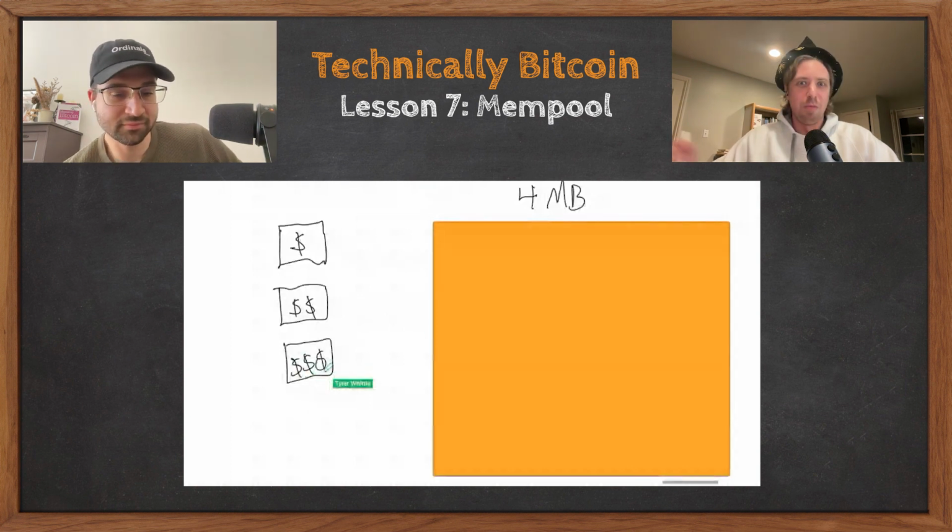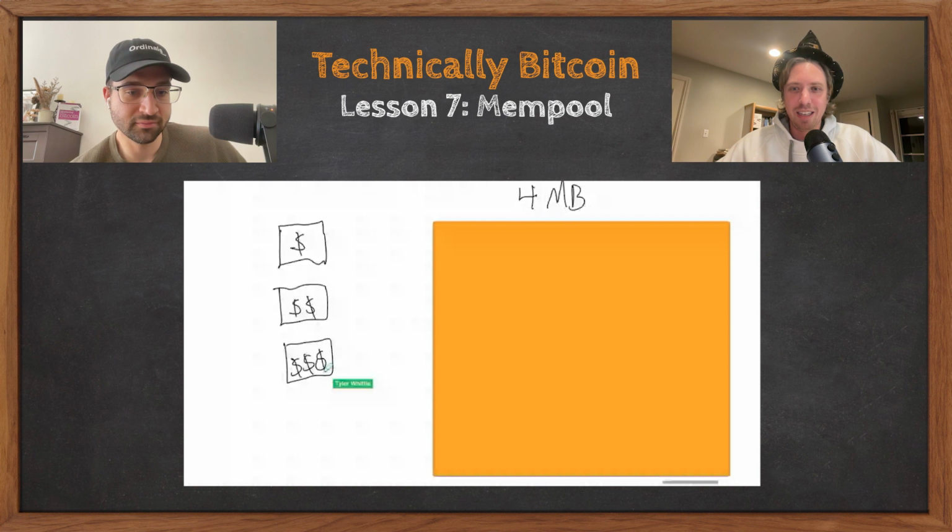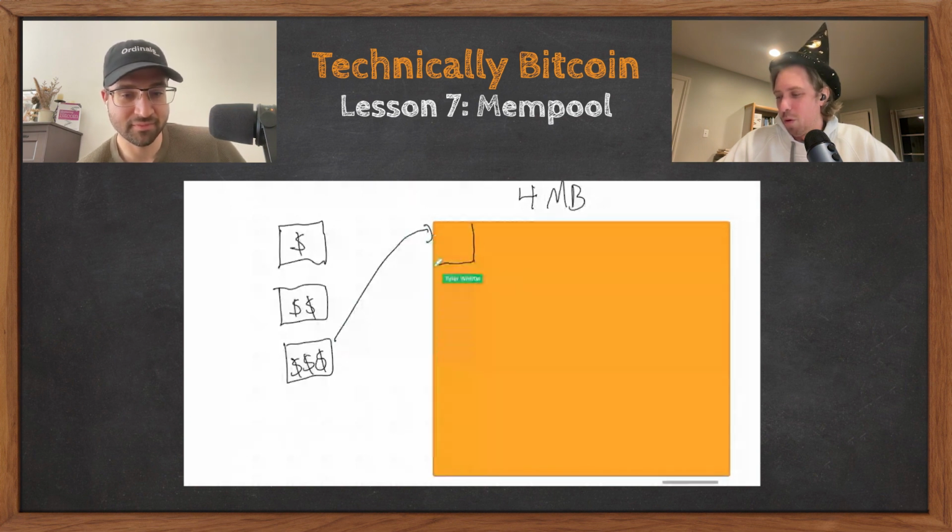When you start filling up this block, when you start putting bags on the airplane, you're going to take the $3 one and put it in first. This one clearly is willing to pay me more than the other 2, so it's getting priority to come on the plane.